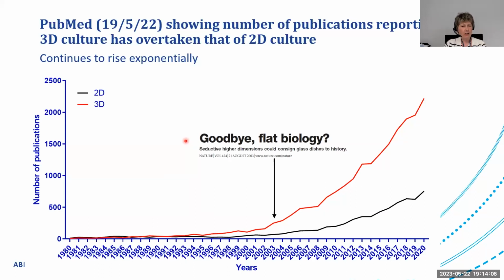And that editorial was really encouraging scientists that they should be moving away from growing cells in isolation in flat tissue culture plastic. So moving away from this reductionist approach to aim to identify more complex models which better recapitulate how cancer exists when it's in the body.